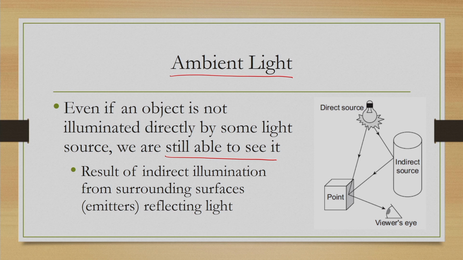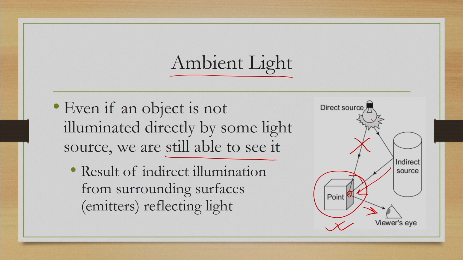Like the example shown here in this figure, even if we assume that this direct light is not available, still we will be able to see this object or this particular point, because this light is falling on this object here and then getting reflected and falling on the point of interest, and then from there getting reflected and comes to our eye.